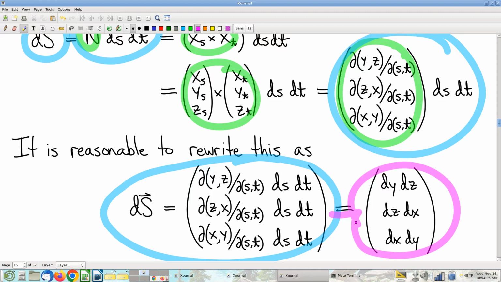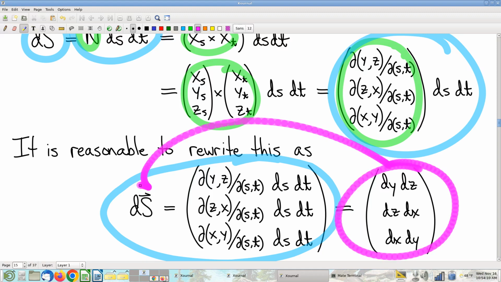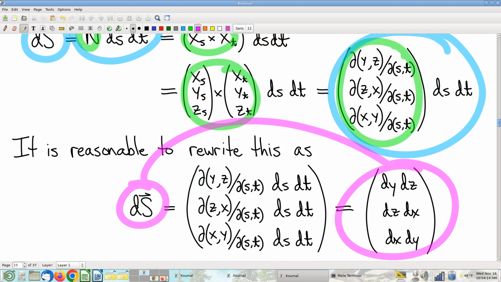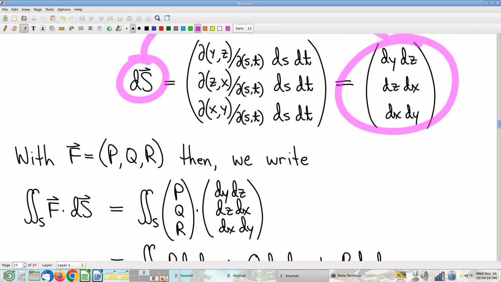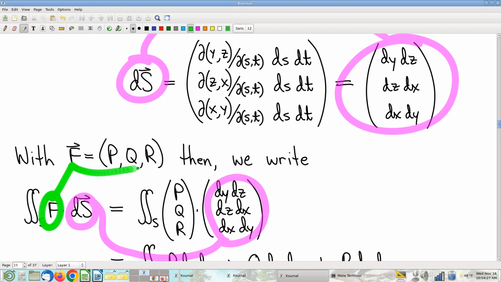The punchline, though, is that what we have now is an alternative coordinate notation for our dS vector. Right, so dS is that thing, and so plugging that in to a flux integral, and let's not forget that our vector field is going to have coordinates.